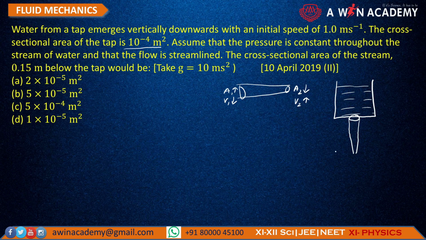हॉल इज एट सम हाइट, वो हाइट भी आपको दिया है, हाइट एट 1.5 मीटर। तो यहाँ जो है हाइट बिलो 0.15 मीटर, हाइट कितना दिया है? 0.15 मीटर। 0.15 मीटर पे आपको बताना है क्रॉस सेक्शनल एरिया। द क्रॉस सेक्शनल एरिया ऑफ द स्ट्रीम 0.15 मीटर बिलो द टैप वुड। एरिया क्या होगा इसका?